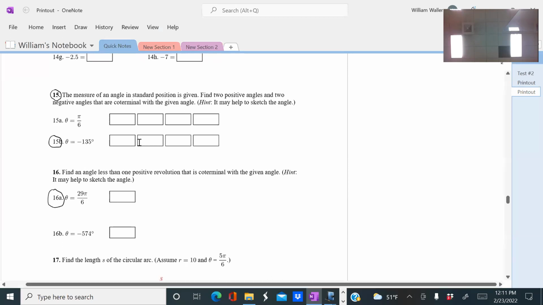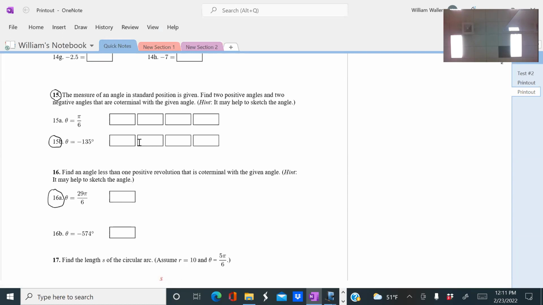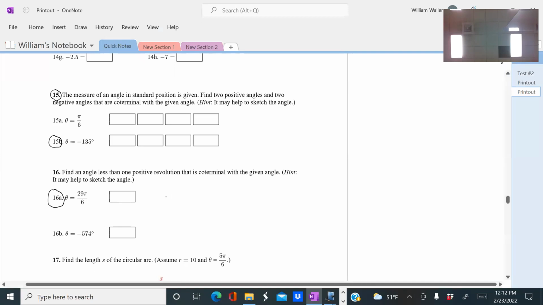Like for instance, in 16, it says, so here we have this big angle, 29 pi over 6. So that's a really big angle. And it says, find an angle that's less than 1 positive revolution, but is coterminal. That means they have the same terminal side as this angle, 29 pi over 6. So what you want to do is draw 29 pi over 6, and then see if you can find an angle that's less than 1 positive revolution that has the same terminal side, right?